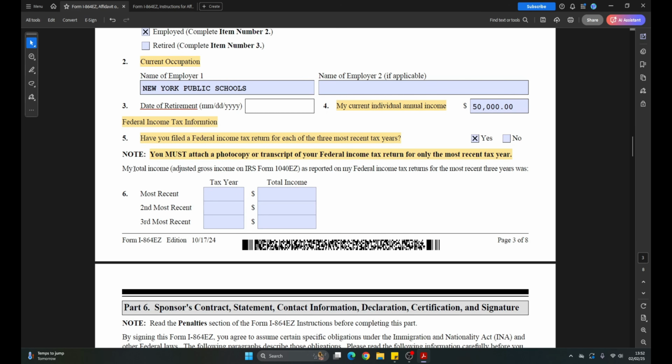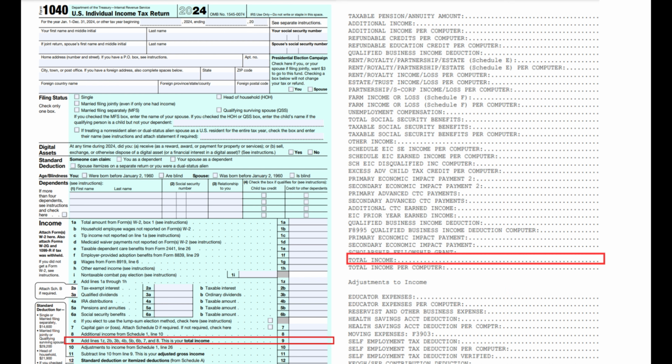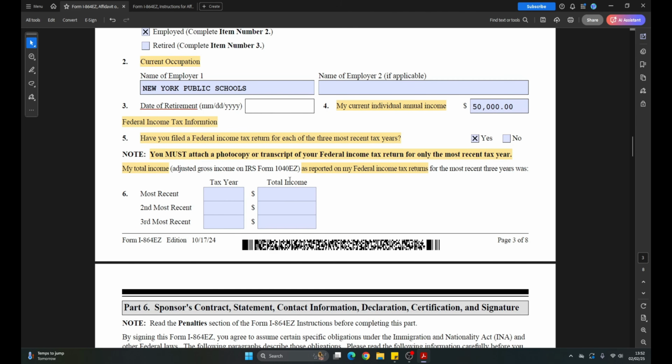When you provide your tax return information, provide the number that is listed on the total income line as reported on your federal income tax returns. It is not AGI. In some cases, your AGI and your total income will be the same number, but either way, always provide total income. Do not provide AGI.